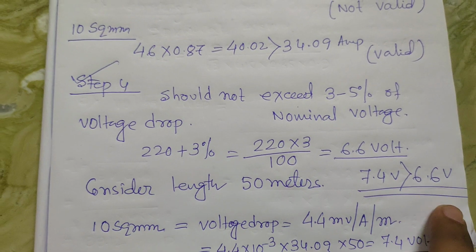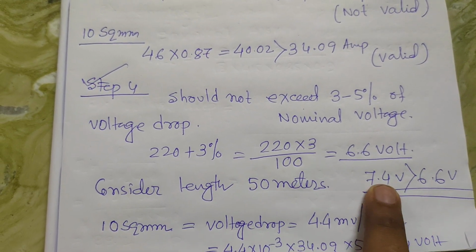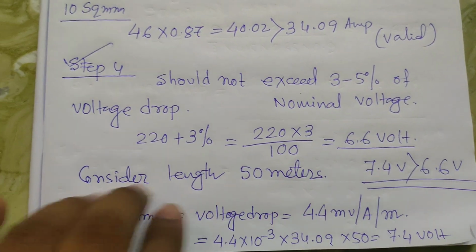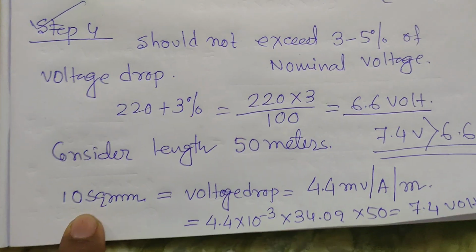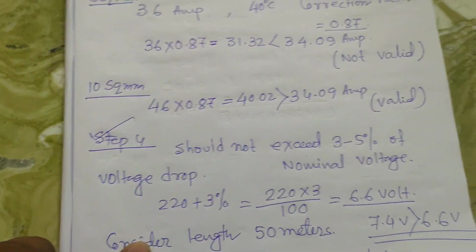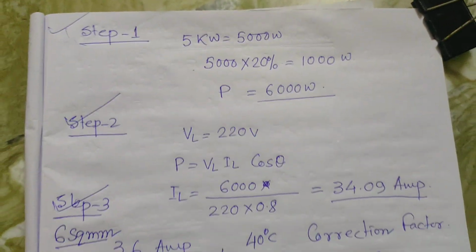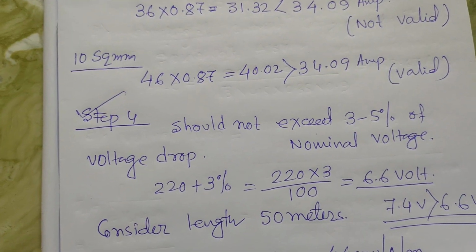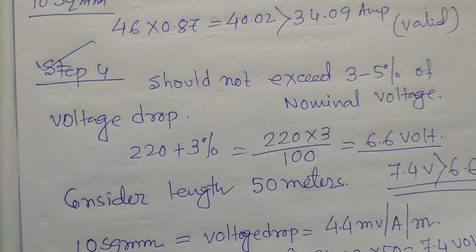So 7.4 volt is greater than 6.6, and so we consider this right cross-sectional area. By help of these 4 steps, we can easily identify the right size of the cables.